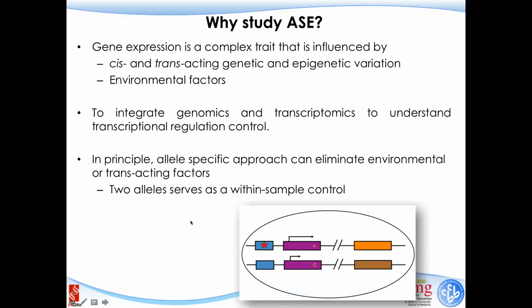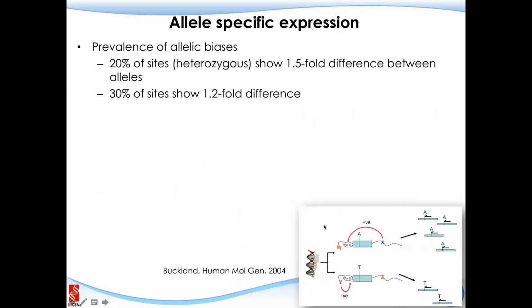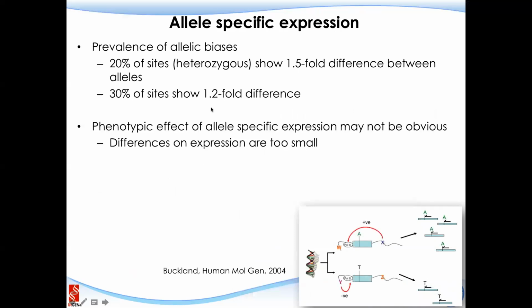Also, one biological hypothesis is that for different tissues and under different conditions, if we have some possible allele-specific expression, this mechanism for some genes increases the flexibility of certain cells, certain tissues, and with environment changes, they can respond to that. And here is some public, old study. It identified 20 of the cells show a 1.4 fold difference between alleles, and 30 of the cells show a 1.2 fold change.